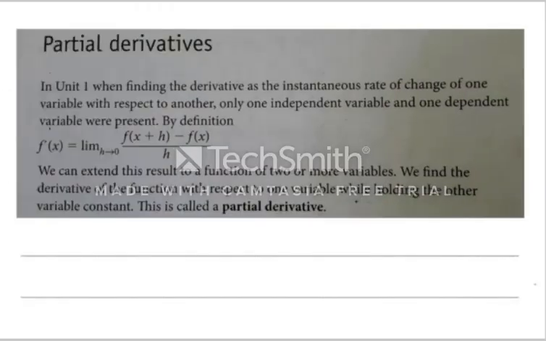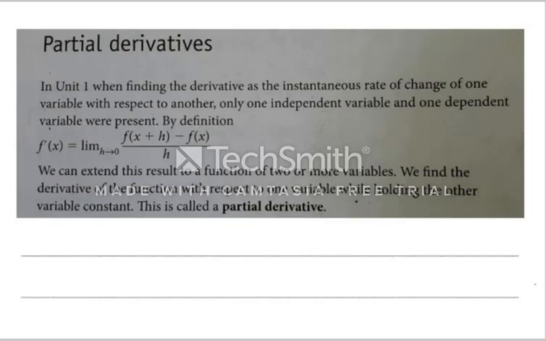This is an extract from a page in your book. It says in Unit 1, when finding the derivative as the instantaneous rate of change of one variable with respect to another, only one independent variable and one dependent variable were present.